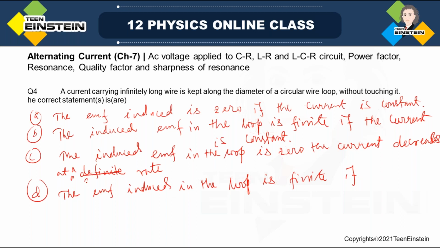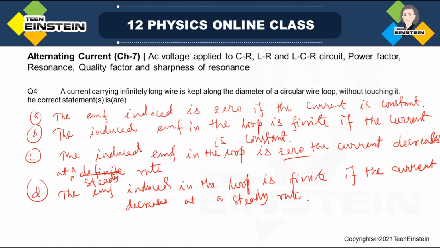Here, not definite, it is steady rate. Okay, so these are the 4 options.